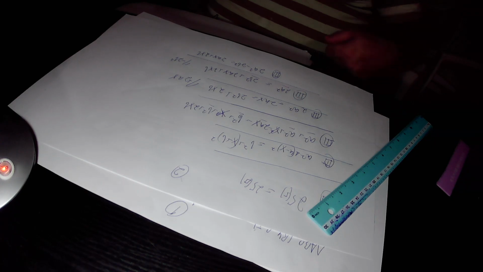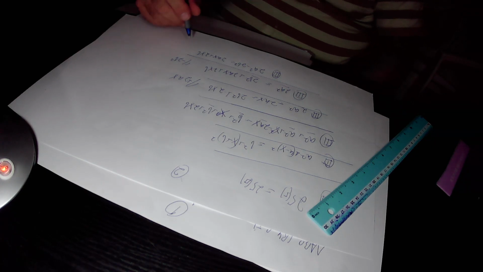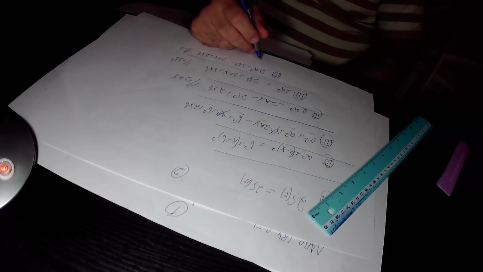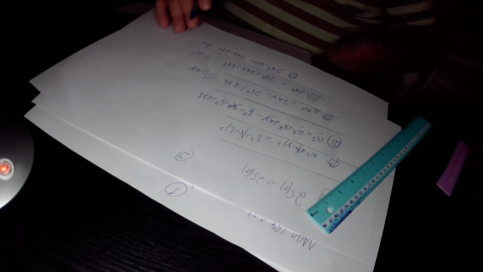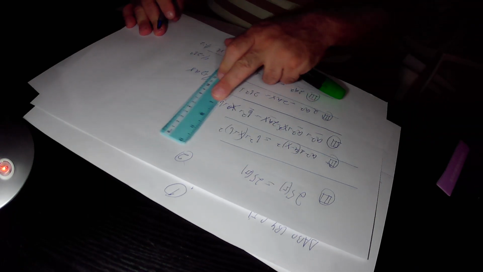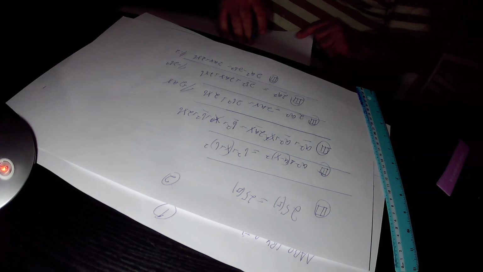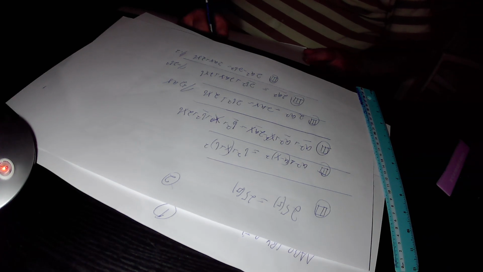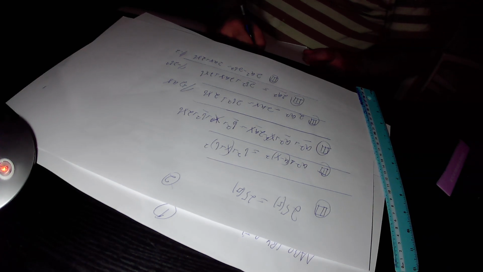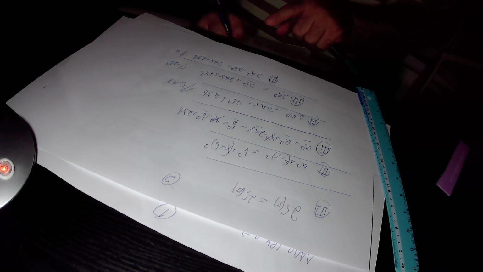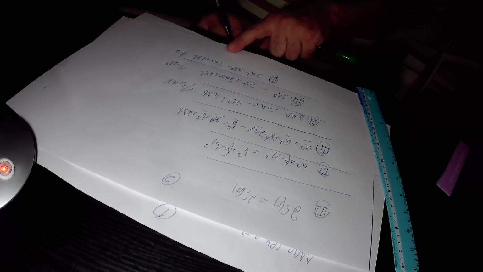So here we divide equation 3 by 2, and we get that according to equation 3, a squared minus b squared equals ax plus xb.